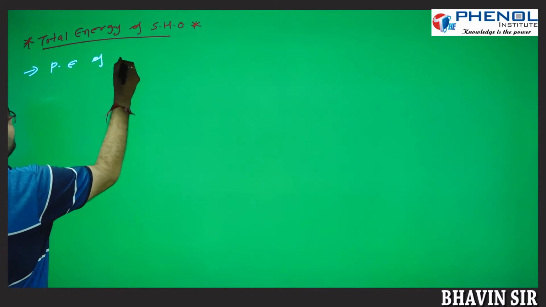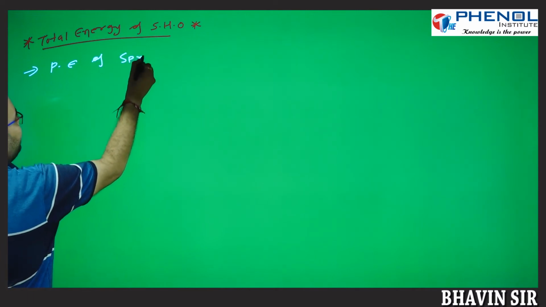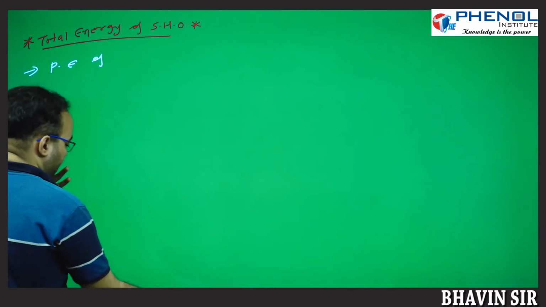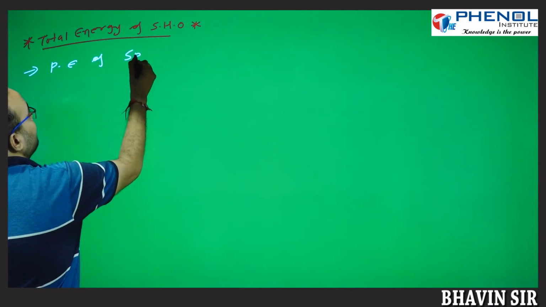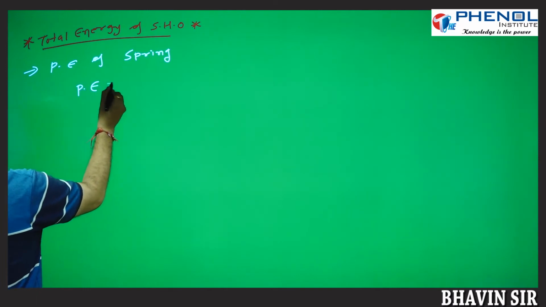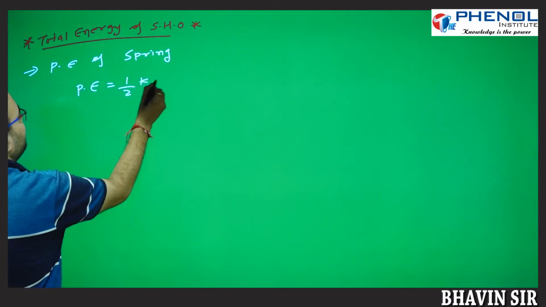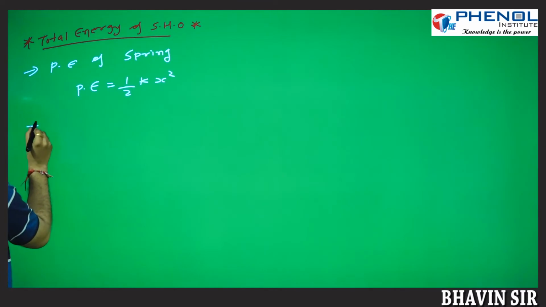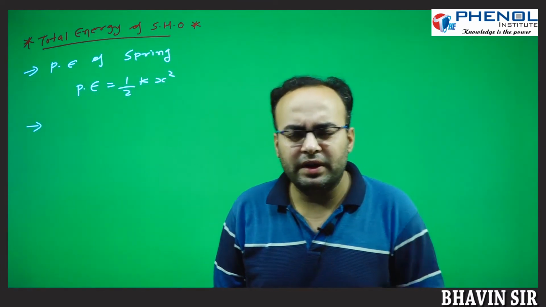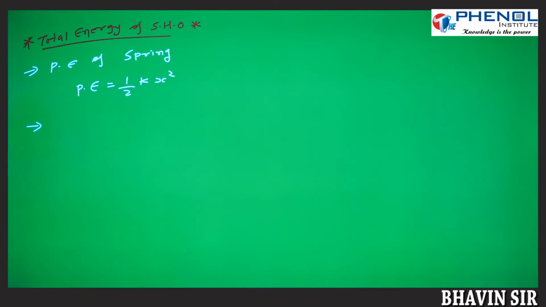What is the potential energy of a spring? Potential energy of a spring is equal to half k x square. What is the kinetic energy?